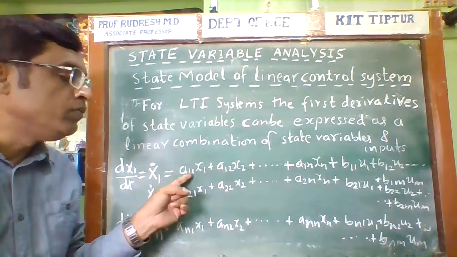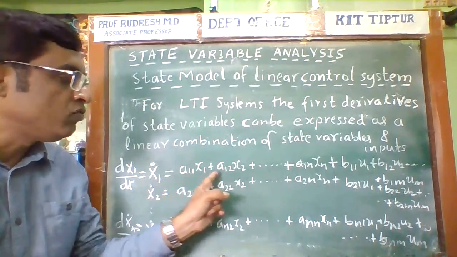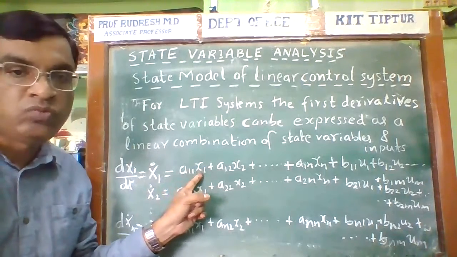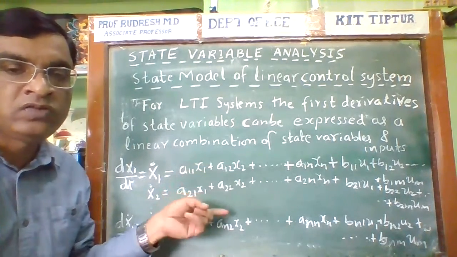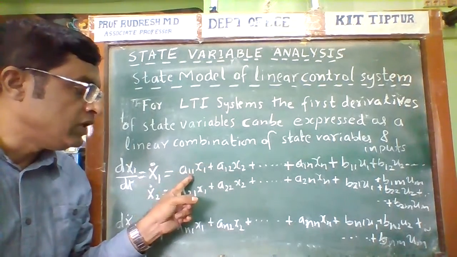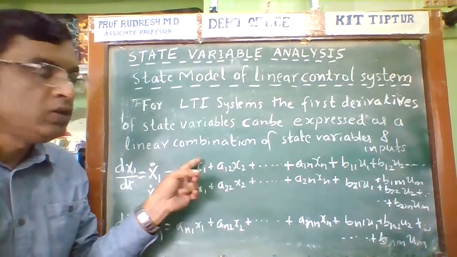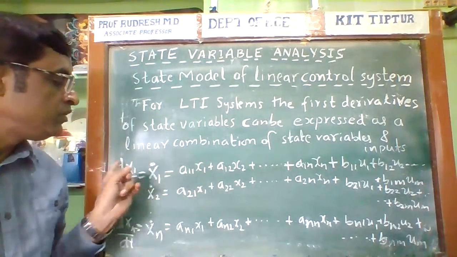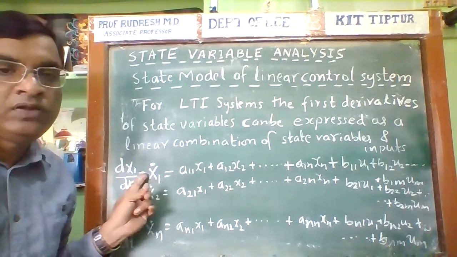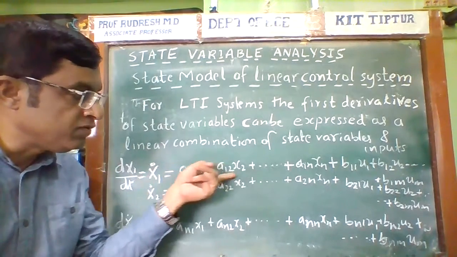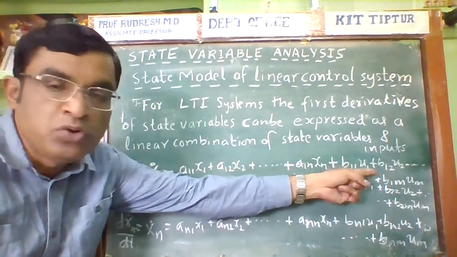Now this is equal to the matrix coefficient a11 into x1, where x1, x2, x3 are the state variables. So a11 into x1 plus a12 into x2. The first derivative of the state variable is equal to a linear combination of the state variables and the input variables.